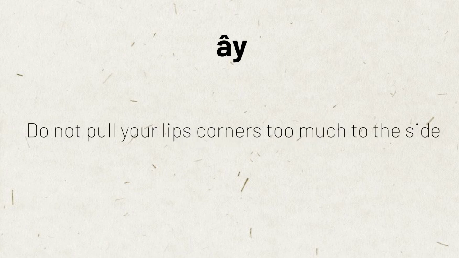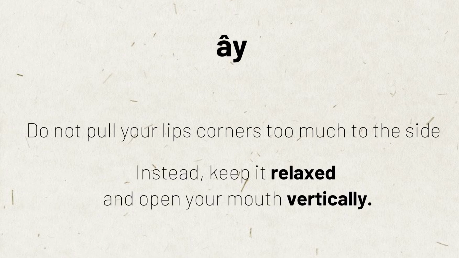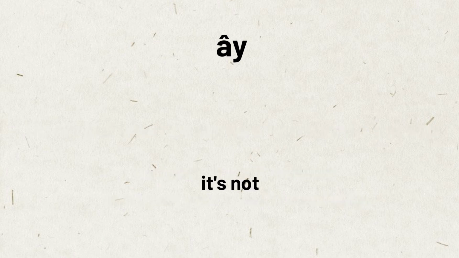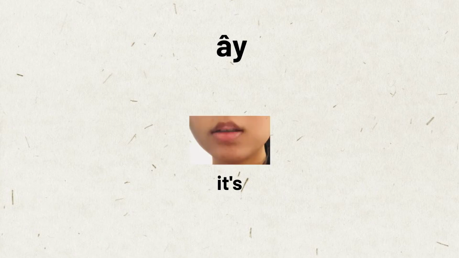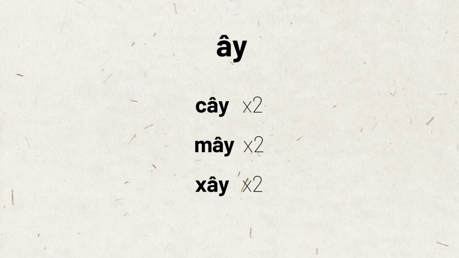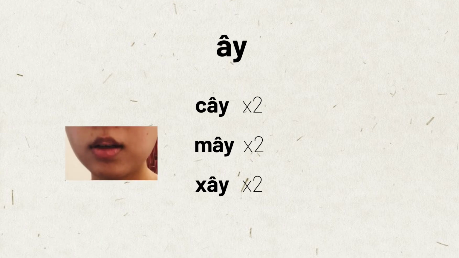Do not pull your lip corners too much to the side when saying this diphthong. Instead, keep it relaxed and open your mouth vertically. It's not A, it's ây. Here are some examples. Gây, mày, say.